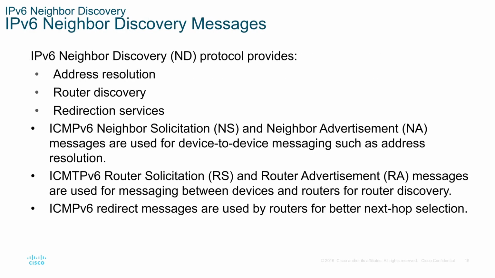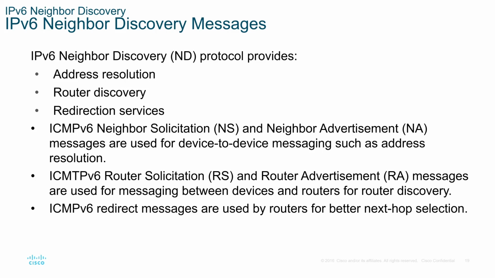IPv6 does not use ARP as IPv4 does. IPv6 uses a neighbor discovery, or ND, protocol. It is used for address resolution, router discovery, and redirection services.